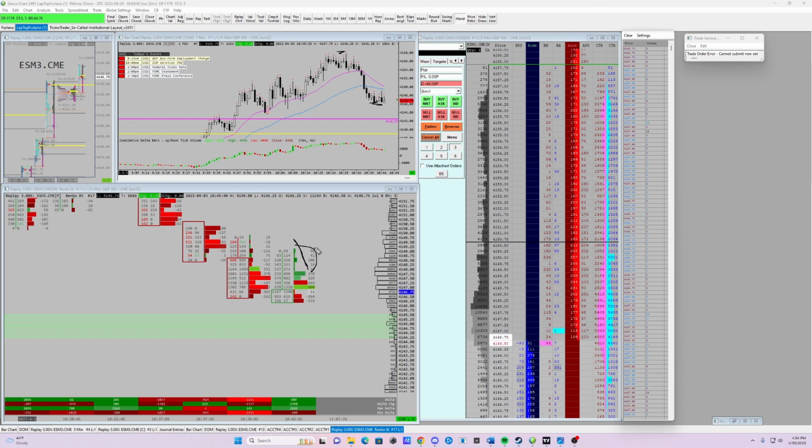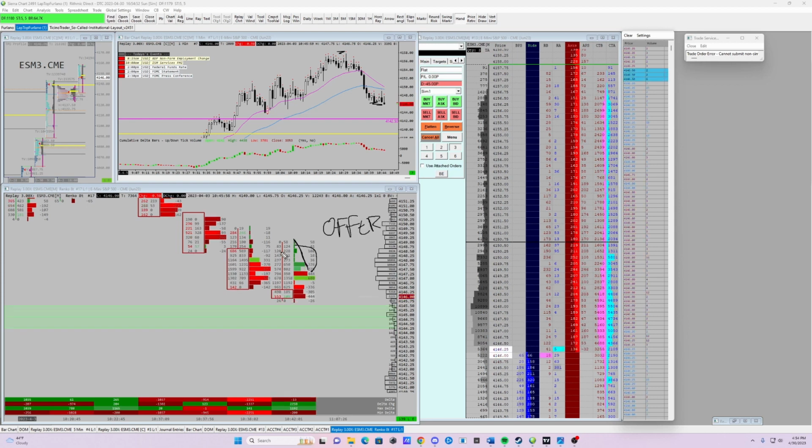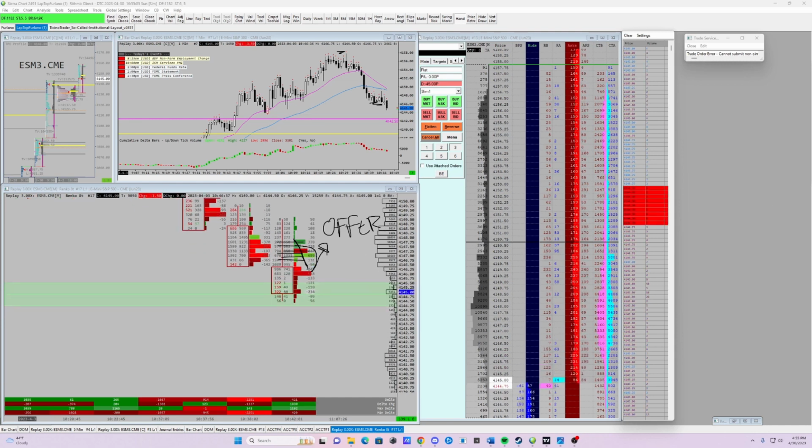There's a combination of aggressive market orders hitting the offer and lack of passive sell orders. If there's a lot of aggressive market orders to the offer here, but there's also a lot of passive sell orders, these deltas are going to be low. That means shorts, passive, aggressive shorts are still holding down the buyers.